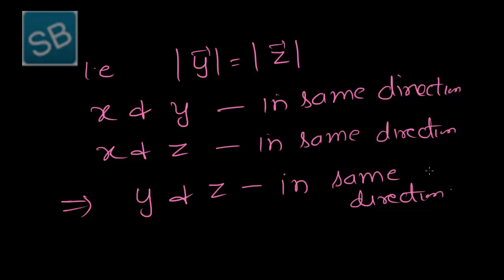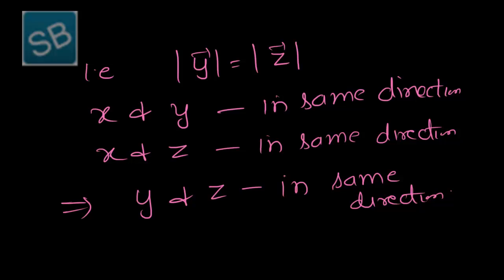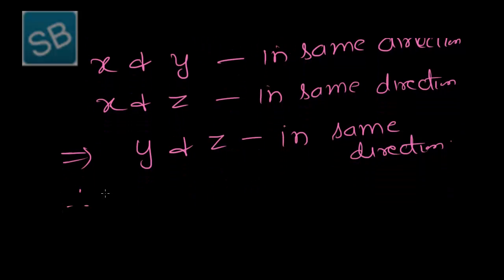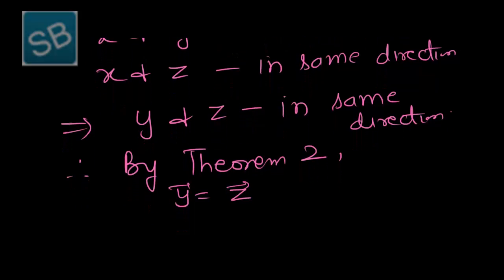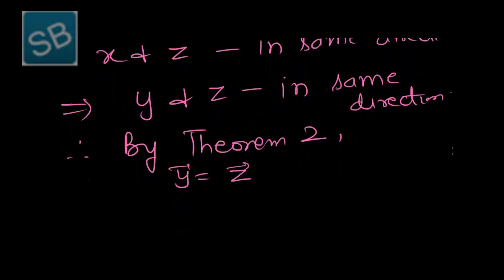So as we proved in theorem 1, if two vectors have the same magnitude and are in the same direction, then these two vectors are equal. Therefore, by theorem 1, vector y is equal to vector z. That is, z is the same as y. z is not a different vector.